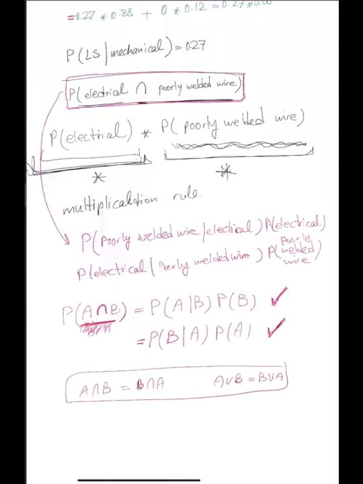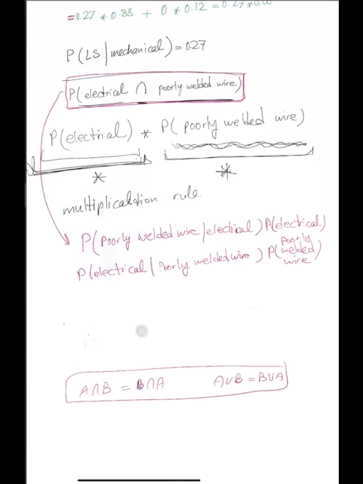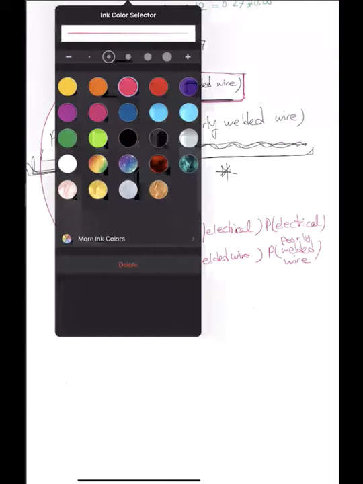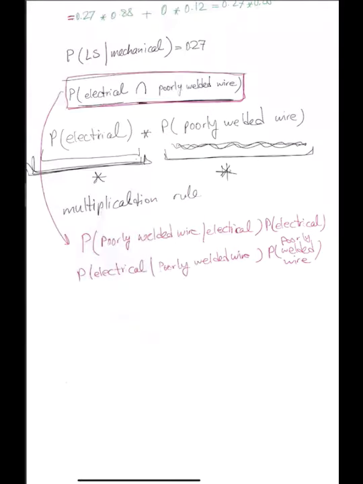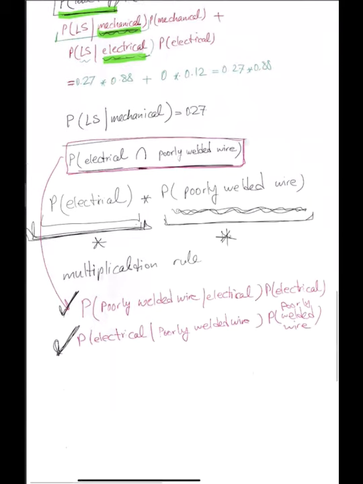I'm going to just erase this part so that it doesn't confuse. Okay, so both of these are correct. I can either write it this way or this way. The question is which one of them you have to pick.